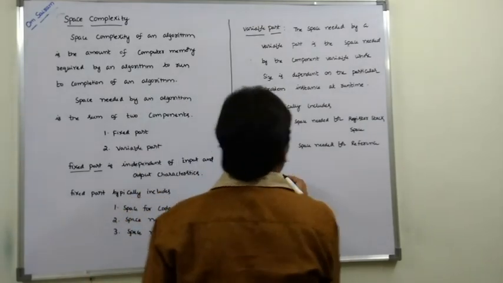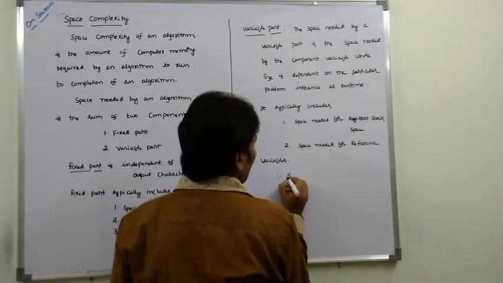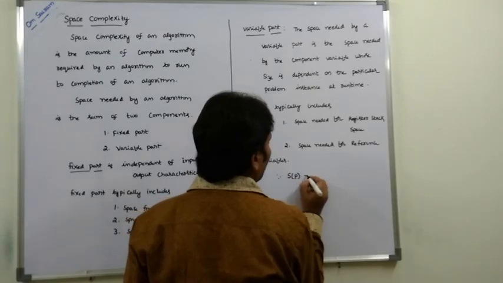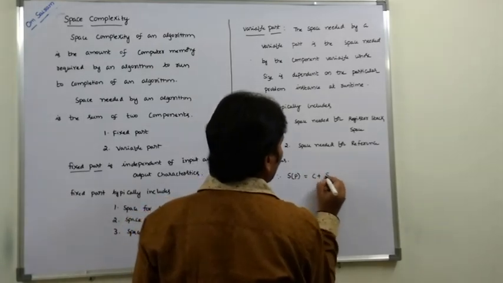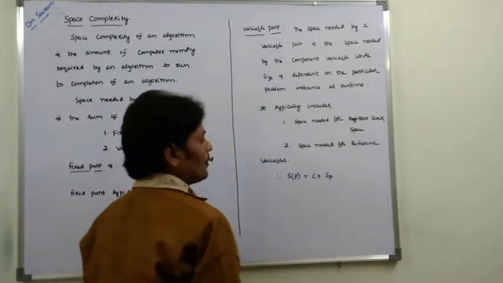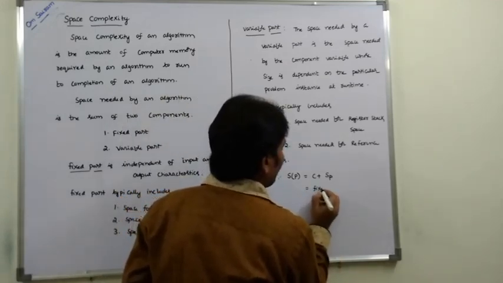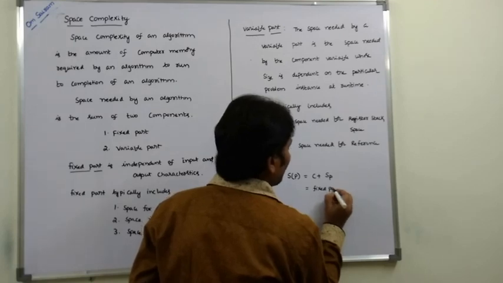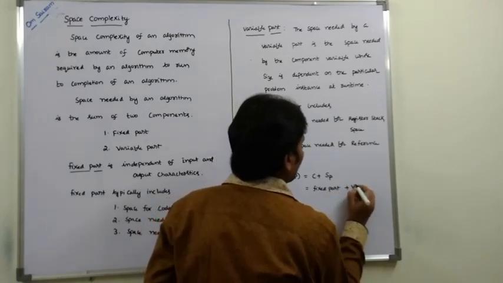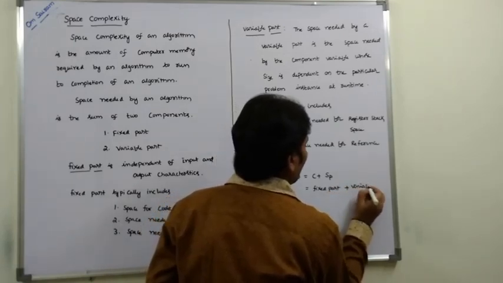So therefore, S of P is equal to C plus S suffix P. So here C is fixed part, S suffix P means variable part.